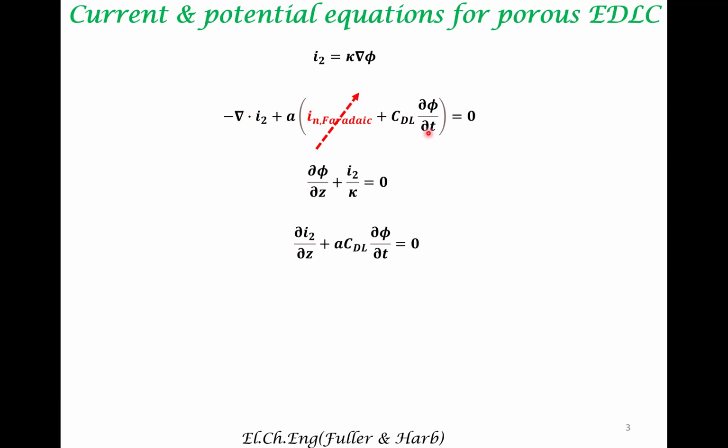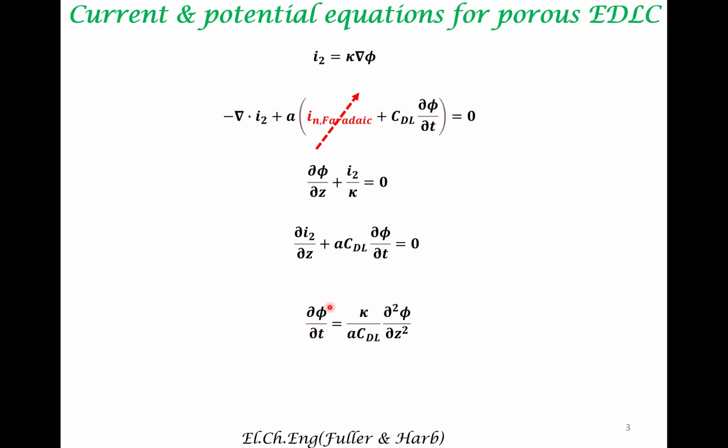So this equation can be written in this form. Between these two equations, we eliminate I2 and we get a differential equation of this form. This is a form that you must have seen in your previous classes in chemical engineering, materials engineering, and physical chemistry. This is just a form of Fick's second law of diffusion.